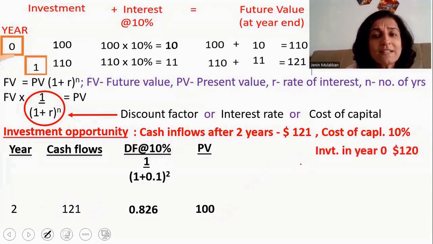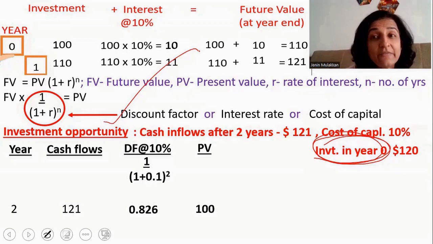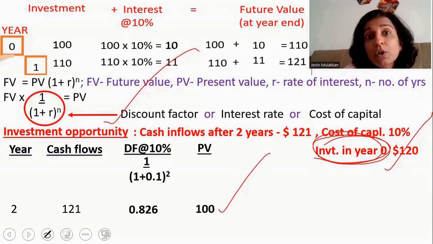So if the CFO says that the investment that we are going to make in year zero for this particular investment opportunity is $120, will you agree to that investment opportunity? No, right? Because you are very sure that the maximum amount that you can invest is only $100.